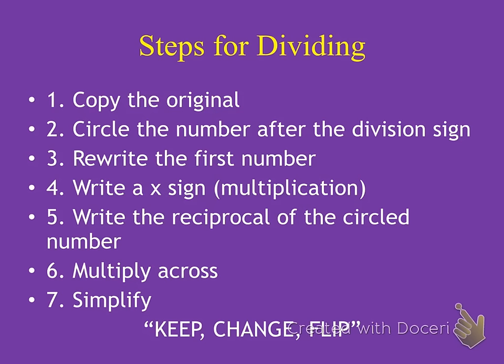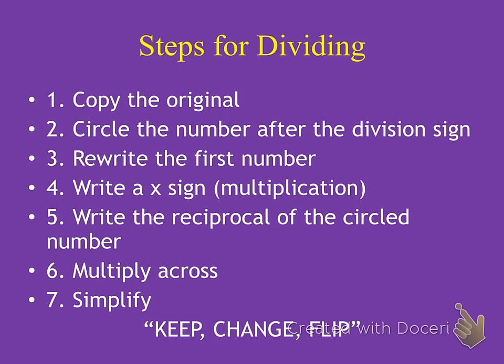All right, so steps for dividing. We're going to copy the original, circle the number after the division sign, rewrite the first number. Step 4, write a multiplication sign. I prefer that you use a dot, but you can use an X. 5, write the reciprocal of the circled number. 6, multiply across like we did.